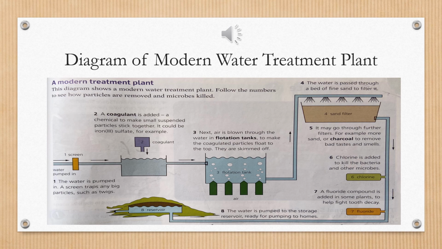Then, in the seventh stage, a fluoride compound is added in some plants to help fight tooth decay, to protect our teeth. And at last, in the eighth step, the water is pumped to the storage reservoir, which is ready for pumping to homes.